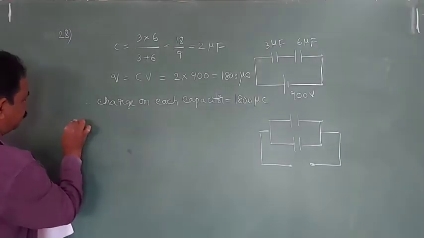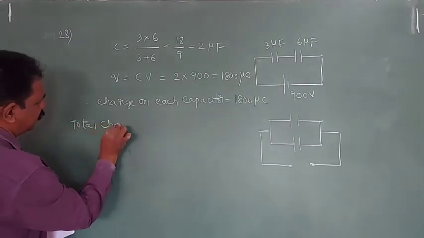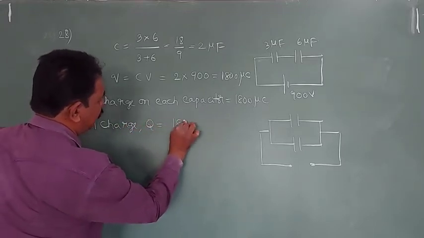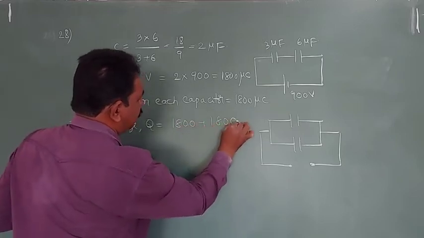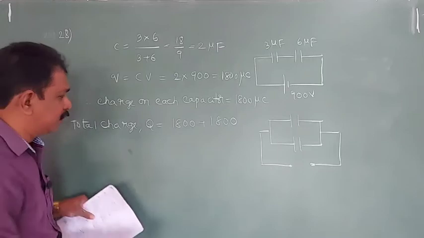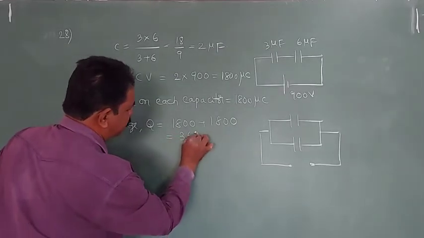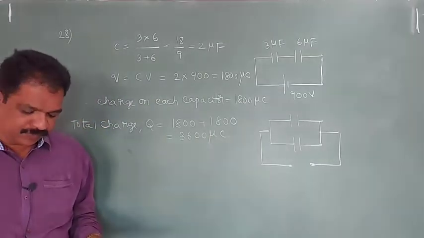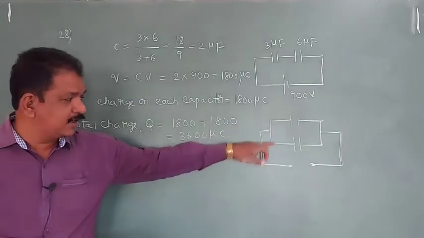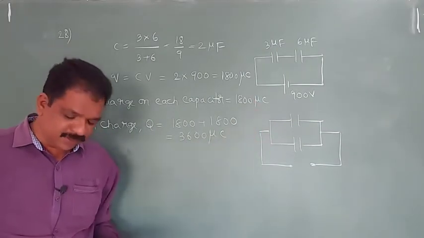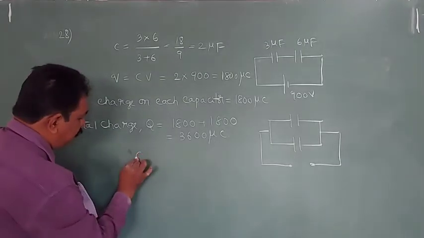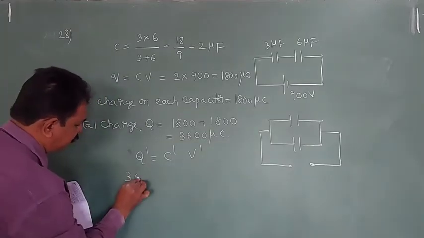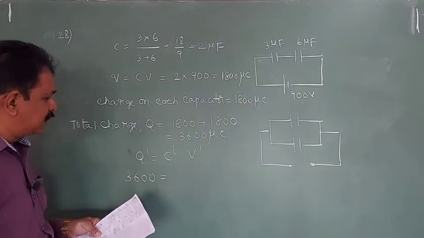Total charge Q is equal to 1800 on one capacitor, 1800 on another capacitor. Totally it becomes 3600 microcoulombs. So when they are connected in parallel, charge remains constant. So Q dash is equal to C dash V dash, like that we are taking 3600.